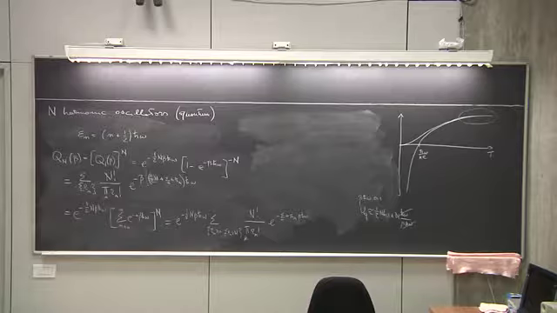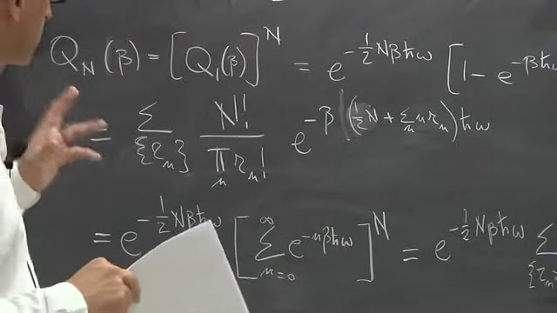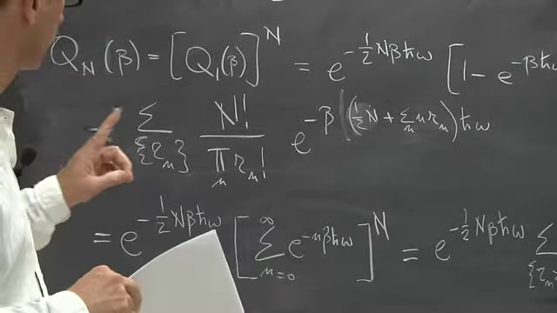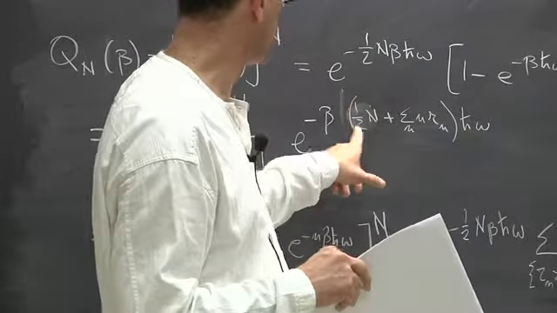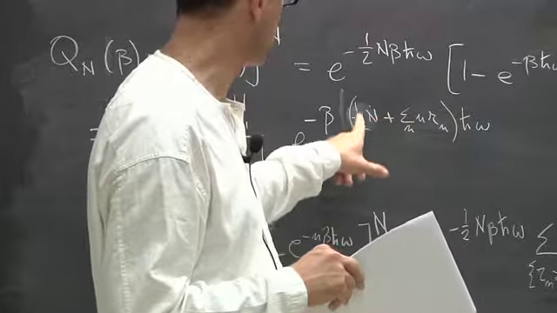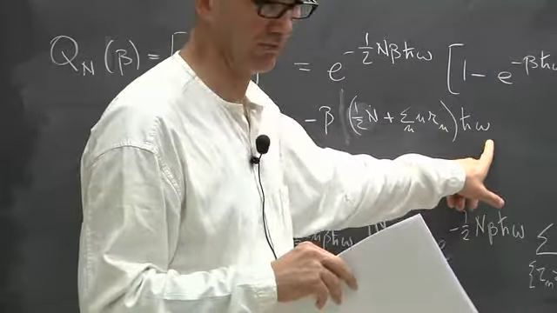Now I can make this sum a lot simpler, because my energy level will be only of this form: 1/2 N plus an integer, times h bar omega.